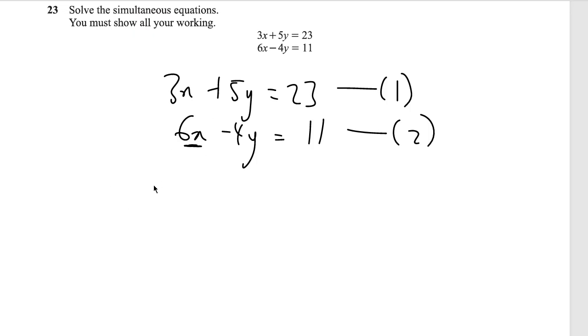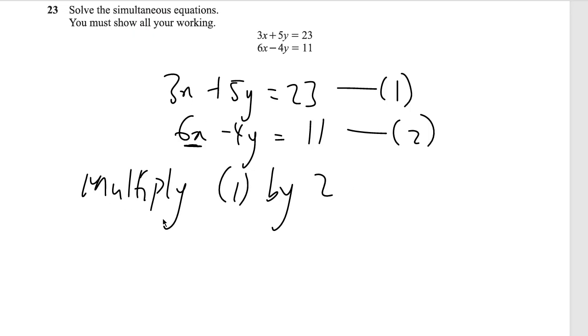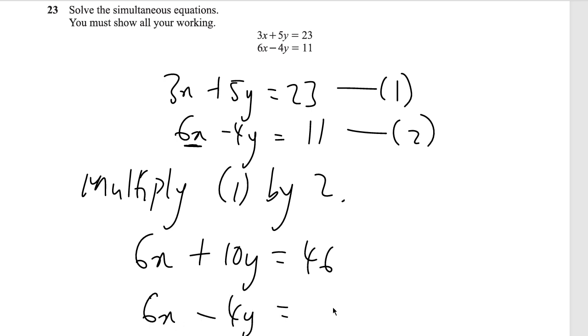So if we multiply equation 1 by 2, what we're going to have is 6x, because 3x times 2 is 6x. Then 5y times 2 is 10y, and 23 times 2 is 46. Then the second equation, we have 6x negative 4y equal to 11.